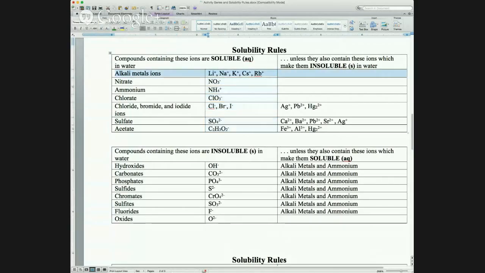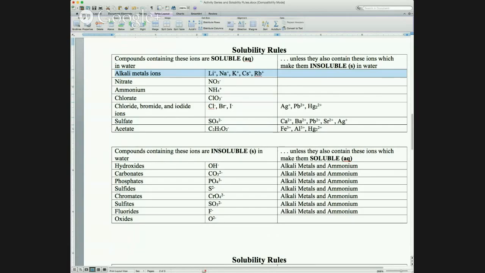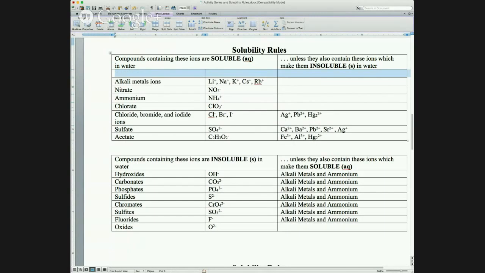Since this isn't a real one, I just want to insert a row above this. How do I do that? Maybe this is it. Delete above, no. Oh, there we go, excellent. These are the rules.